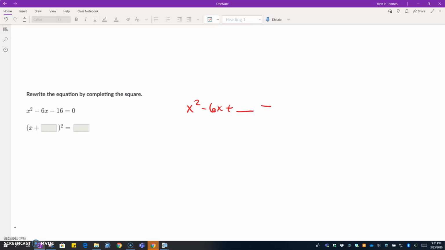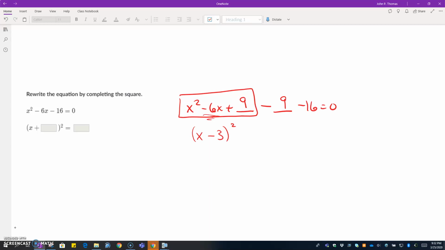All right, so taking a look at another more traditional one, x squared minus 6x. I'm going to add a blank, subtract a blank, minus 16 equals 0. Half the middle term 6 is 3. 3 squared is 9. I added 9, so I'm going to subtract 9 to keep things in balance. And now I'm going to look to factor this piece. I have my x, and I'm going to have minus 3 because I need a middle term of negative 6x.